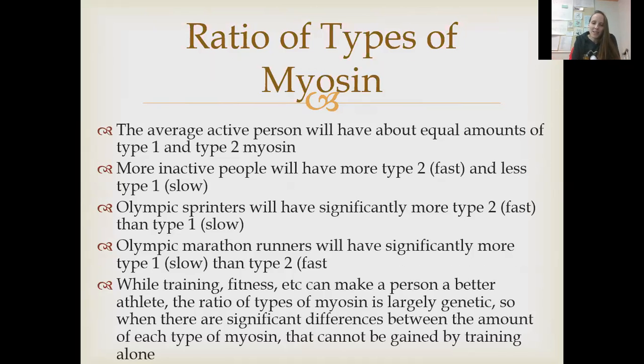And things like training and fitness can make a person a better athlete, obviously. But the ratio of your slow to fast twitch muscle fibers is actually largely genetic. So you can't just train to get more fast twitch muscle fibers or train to get more slow twitch muscle fibers. A lot of that is just genetic.